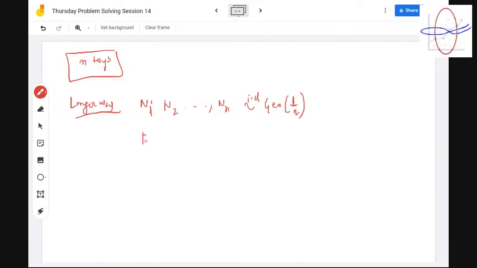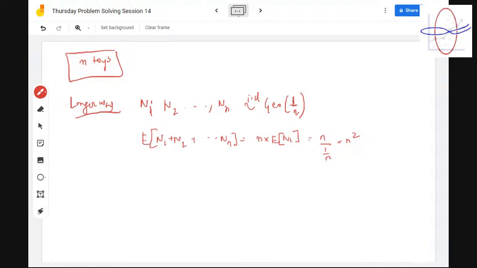And the expectation of n1 plus n2 plus up to nn will be n times the expectation of n1, because all of them are IID, which is n times n, which is n square. Did you understand why it's n square?